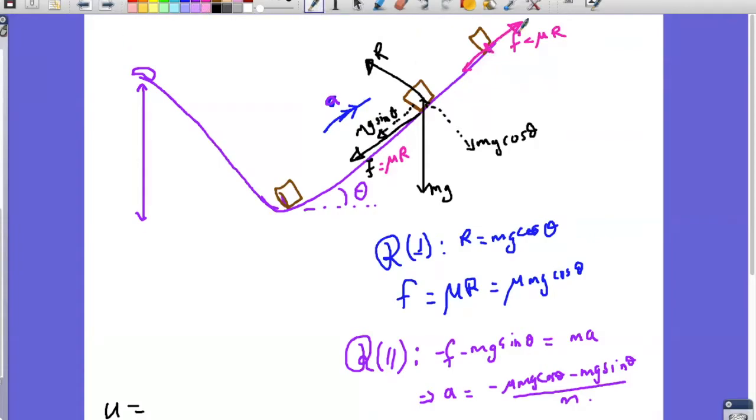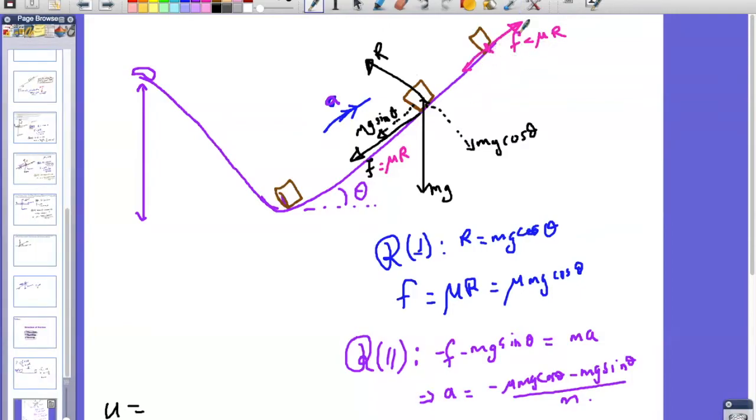If this object should stay here, it means that this force, mg sin theta, because you only have mg sin theta now acting parallel to the slope downwards, must be less than mu R. If this force is smaller than mu R, then the frictional force that has changed direction will just be enough to keep this object at rest.